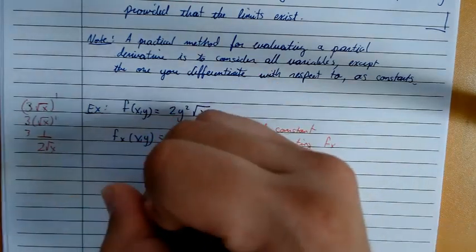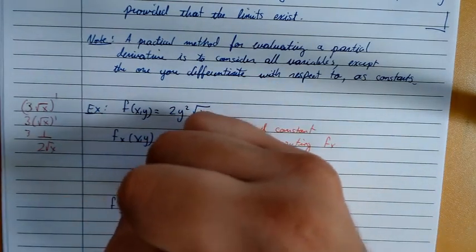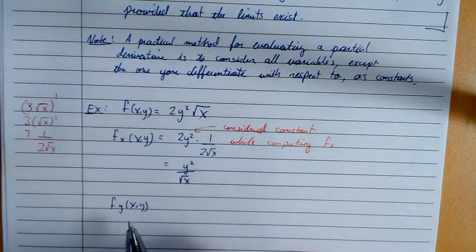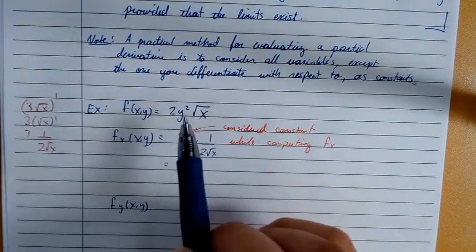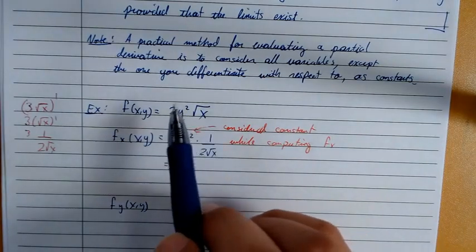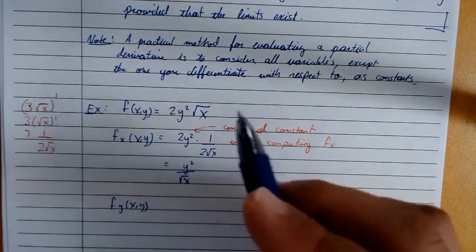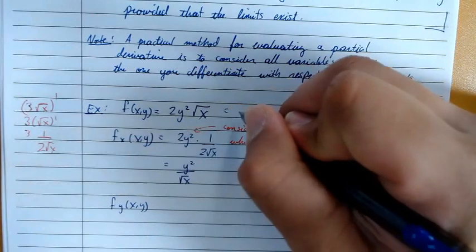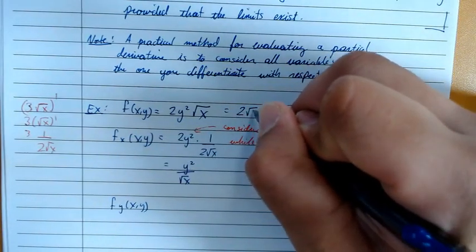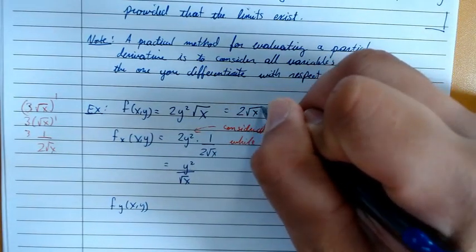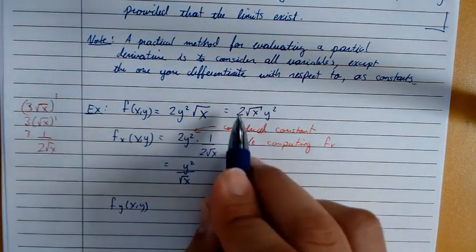We can do the same thing with the partial with respect to y. We can simply say, okay, if the partial is with respect to y, that means y is the variable. Everything else is a constant. So here, I might even want to rewrite this as 2 root x y squared, just because I want my constant all to be together.